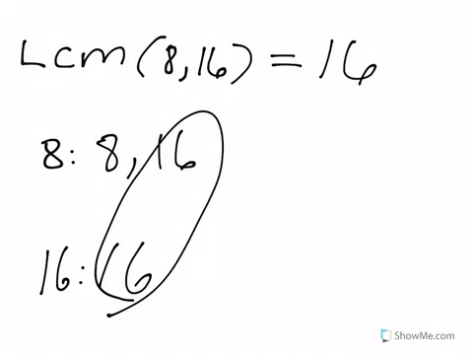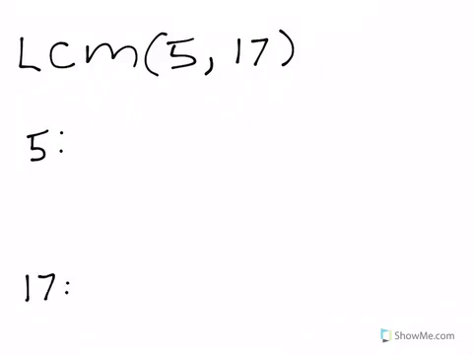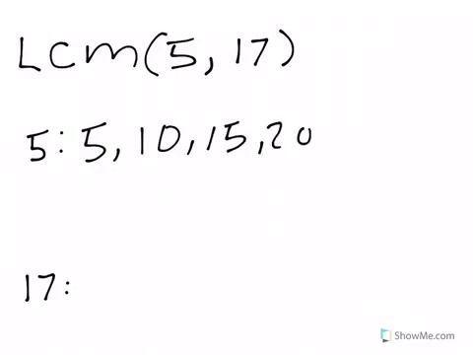Let's look at one more example together. Okay, let's find the least common multiple of 5 and 17. Now, I'm still going to make my column here, 5 and 17. But if you know your rules, you know every multiple of 5 is going to end with a 5 or a 0, right? We'll do a few. 5, 10, 15, 20.